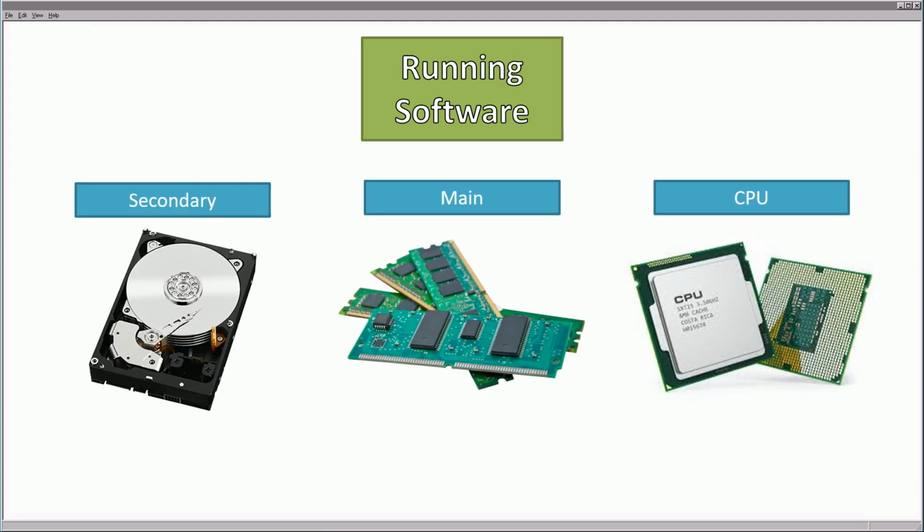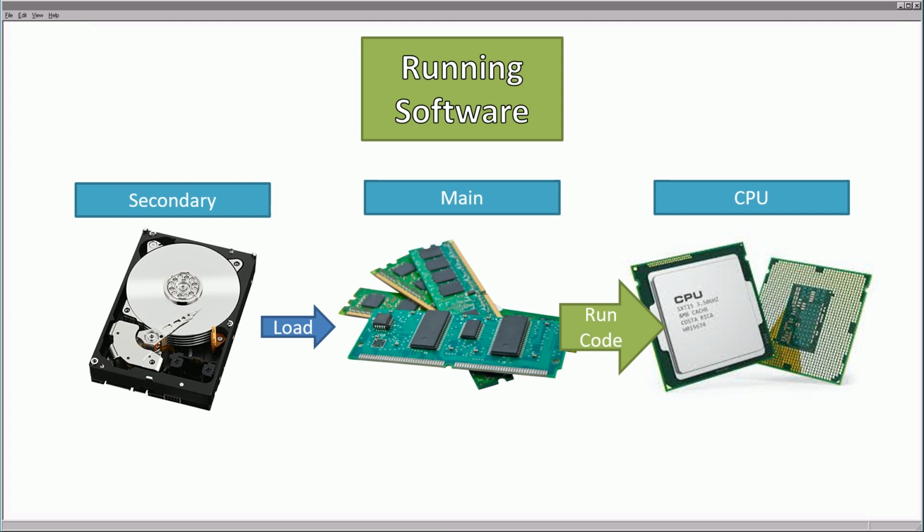Now, putting together the hardware with how we run software, this is basically the sequence of running a program. All of our software is stored on our secondary memory, our hard drive. Before we can run the software, it has to be loaded into our main memory. Once it's inside of our main memory, the CPU can access that information. It can fetch instructions.